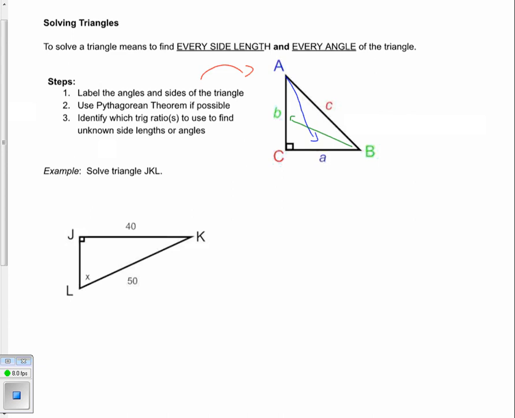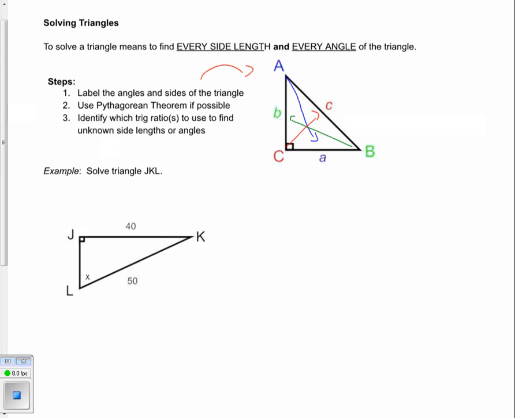And the side opposite angle C is small case c. That's going to be something that we come back to over and over again when we do our second unit. And so I'd like you to get into the habit of labeling the lengths of your sides as the same letter as the opposite angle. So again, you want to label your triangle first.